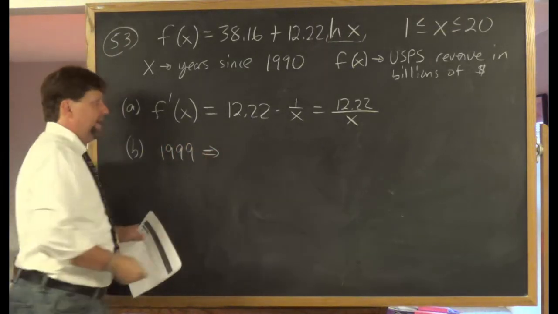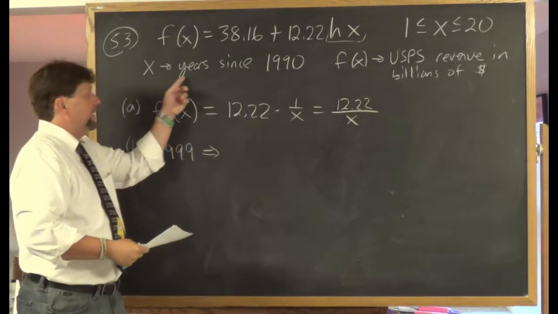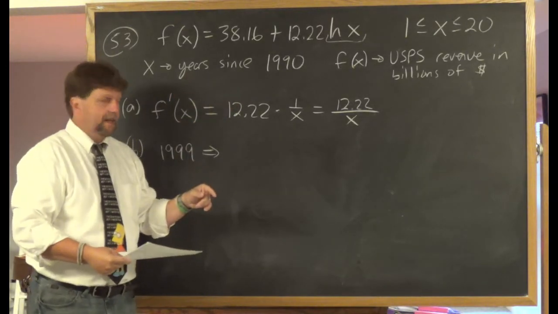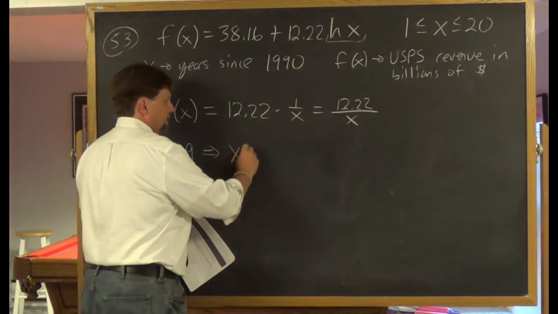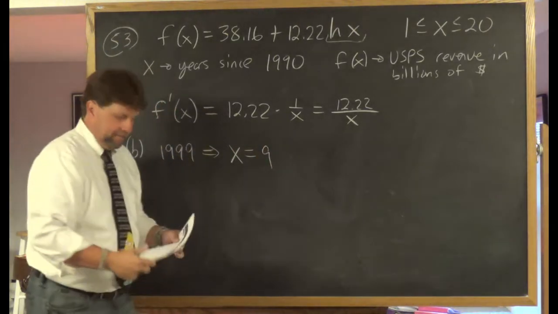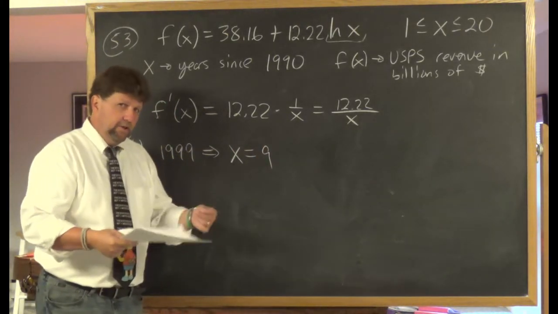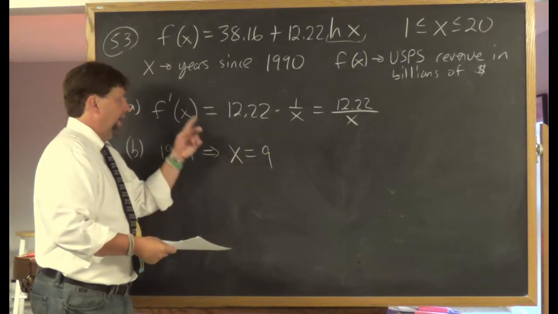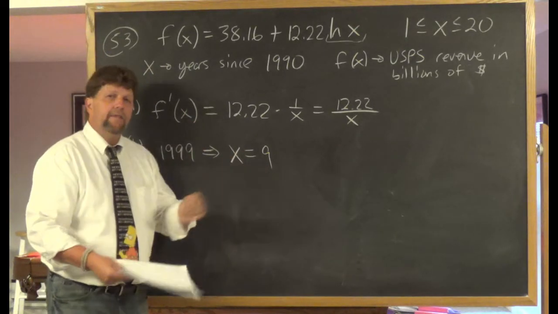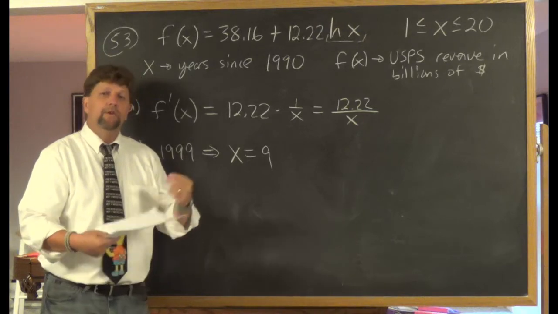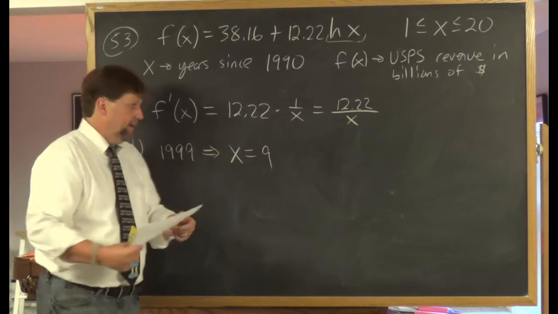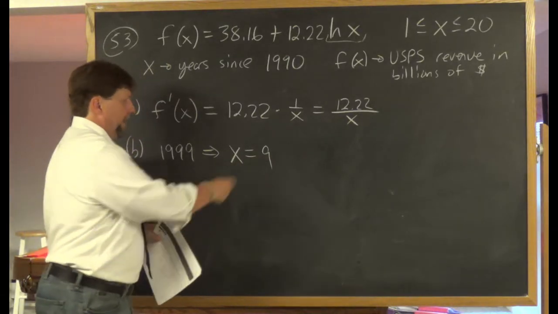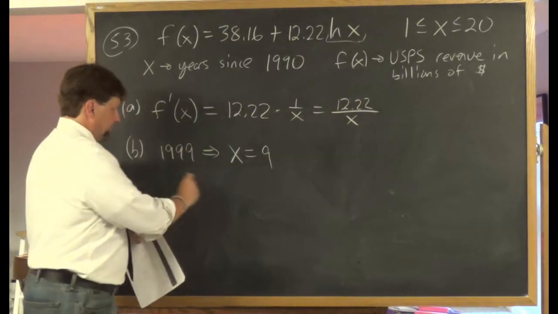Well, if x is the number of years since 1990, 1999 would have a value of x to be 9. So what we have to do is evaluate the derivative at 9. That will tell us how fast the revenue was changing in 1999. So let's go ahead and toss 9 into the derivative.